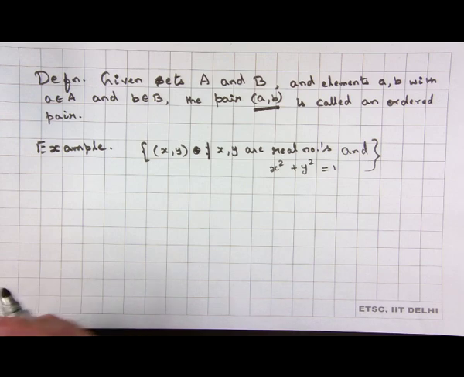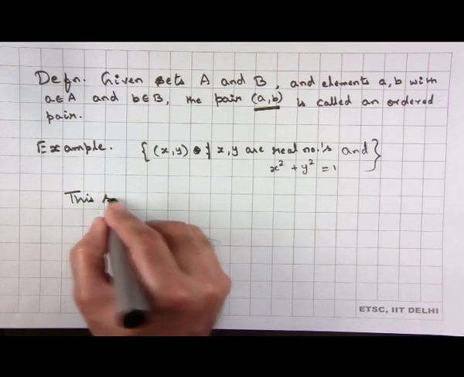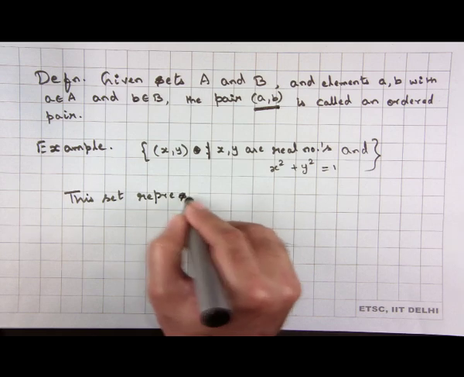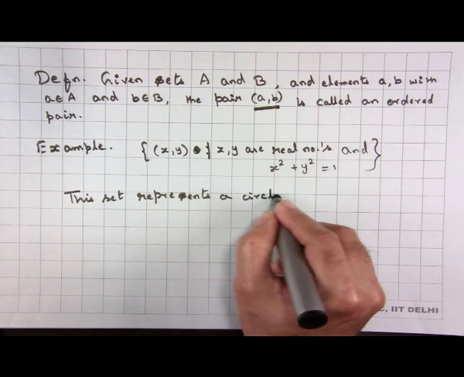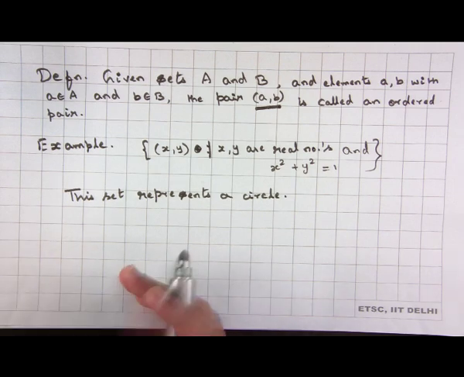By now, it is clear that this set represents a circle, right. We are only trying to write a circle in the form of a set.